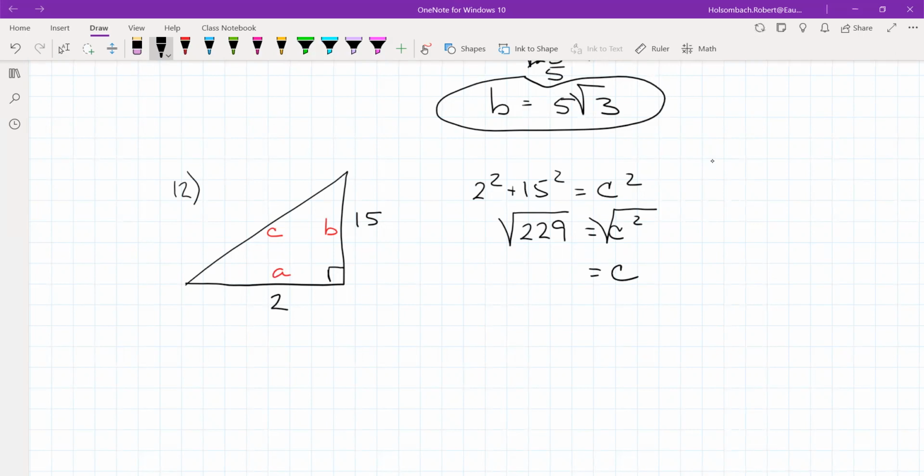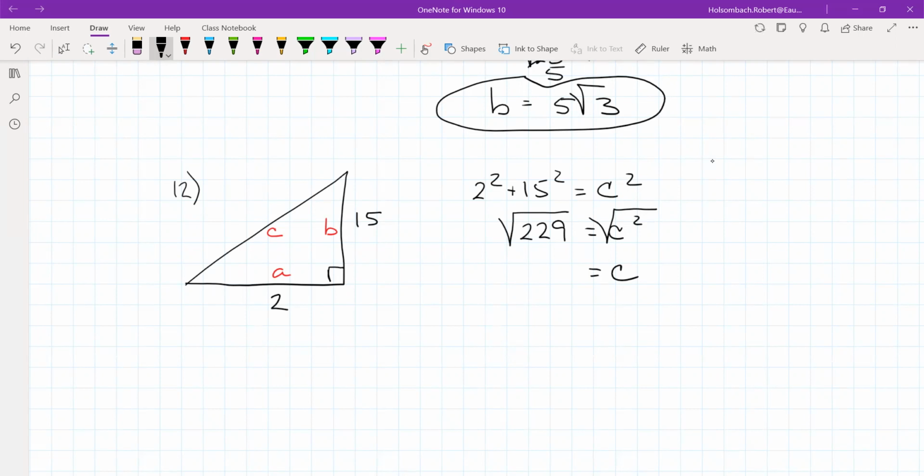And we're looking for perfect squares that go into 229. 225 won't go evenly though, will it? No, we're looking for perfect squares that go into 229 evenly.